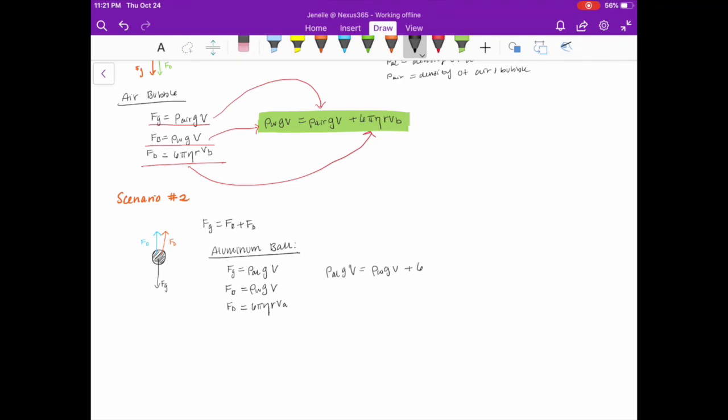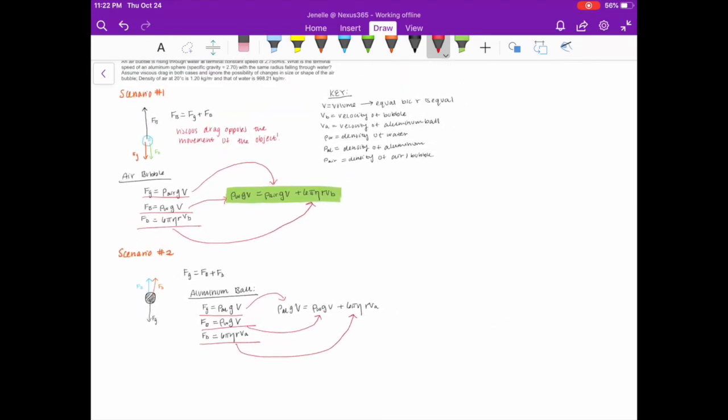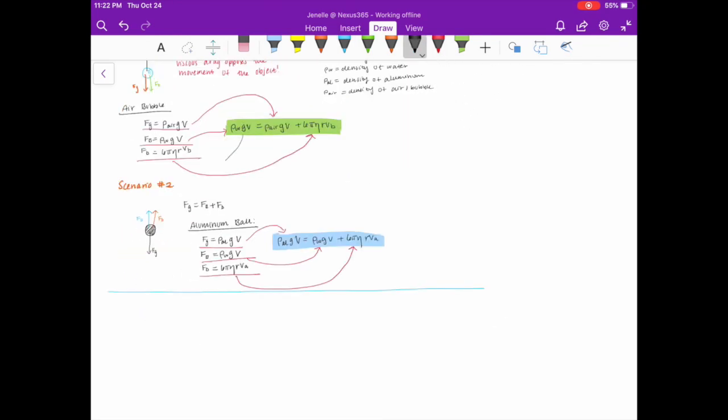Let's once again substitute these equations into our original formula. Okay, so we have two equations now, the one in the green and the one in the blue. I'm just going to rewrite these two equations down below here.